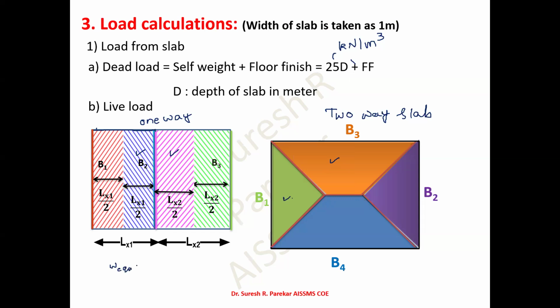W equivalent for flexure, we have W Lx by 3, for the triangle. Now check the formulas. Then W equivalent, we have W Lx by 2 into bracket 1 minus 1 upon 3 beta square. Similarly, check for your shear force also. This is W equivalent for trapezoidal.